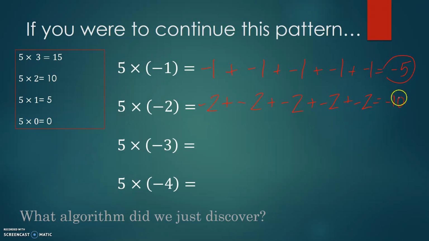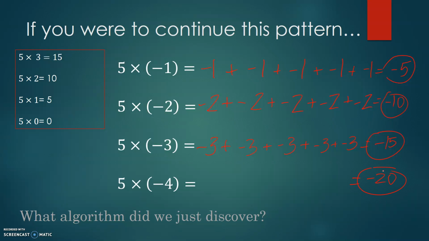We have negative 10. 5 times negative 3 gives us negative 15. And then obviously 5 times negative 4 ultimately gives us negative 20.